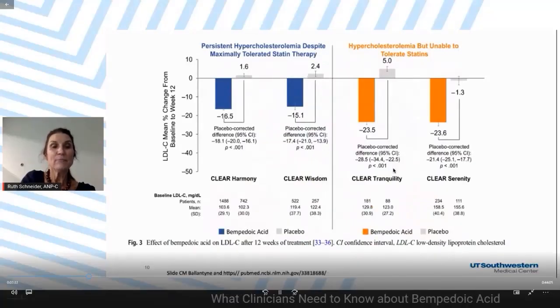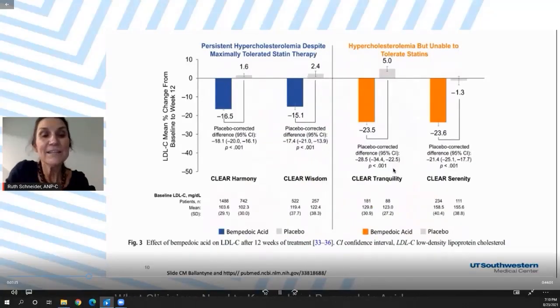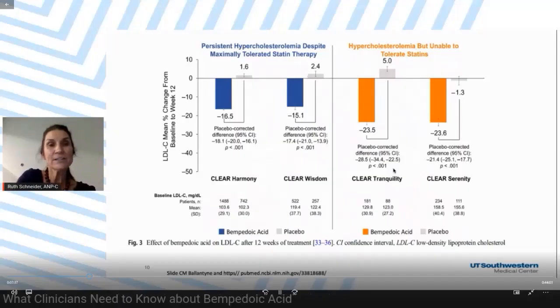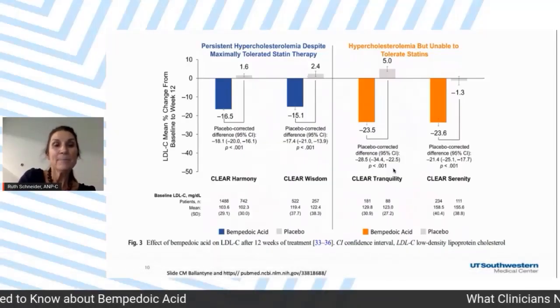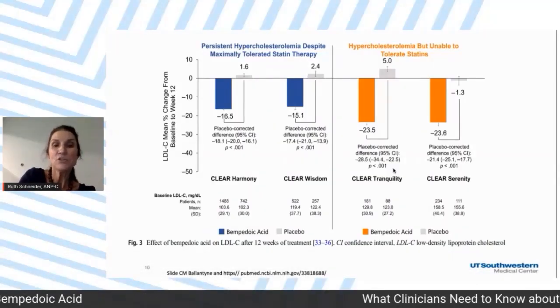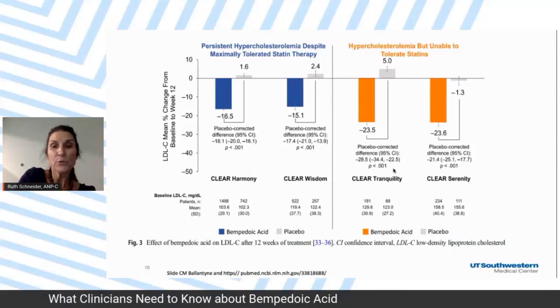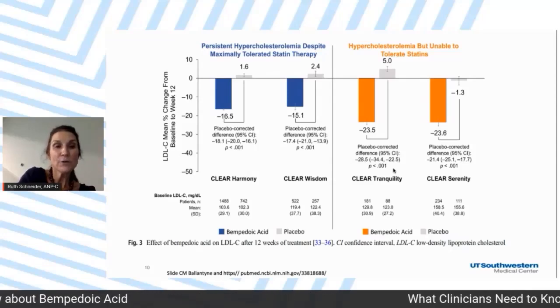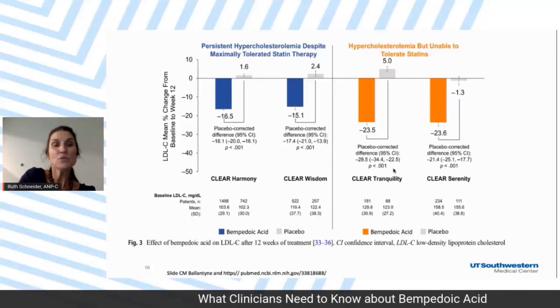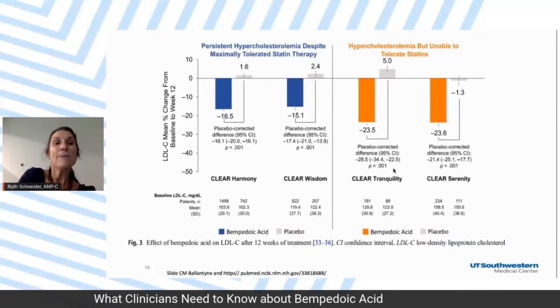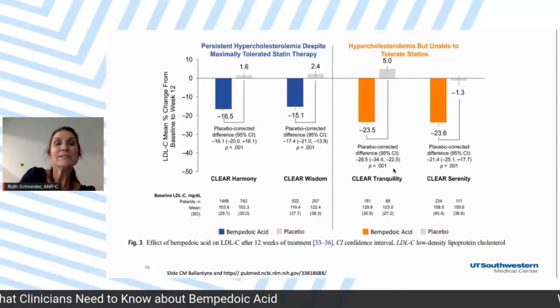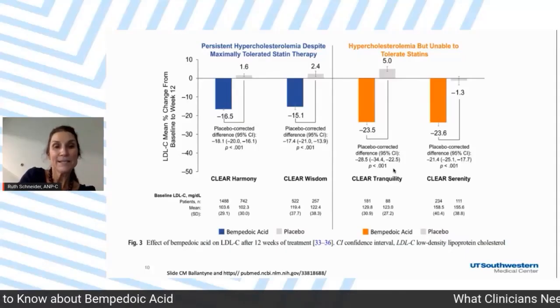What was the effect of bempedoic acid in these trials? Actually, this slide looks at all 4 trials and compares or looks at percent drop of LDL after 12 weeks. The baseline LDL varied from 103 to 155. And essentially what you saw, if we start at the left-hand side of the screen, Clear Harmony dropped LDL by a placebo-corrected difference of 18.1%.